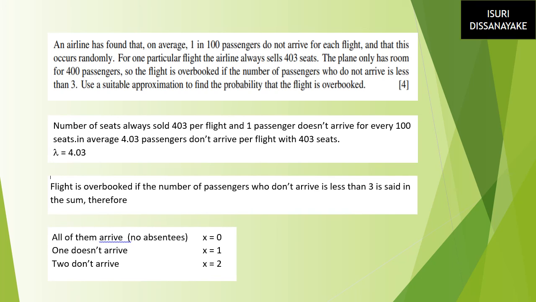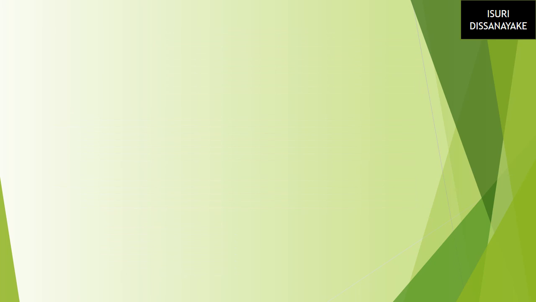So what we have to find here is, if all of them arrive, that means no absentees, 1 doesn't arrive, 2 don't arrive. So x equals 0, x equals 1 and x equals 2. So this is the summary of the information that I took from the sum.